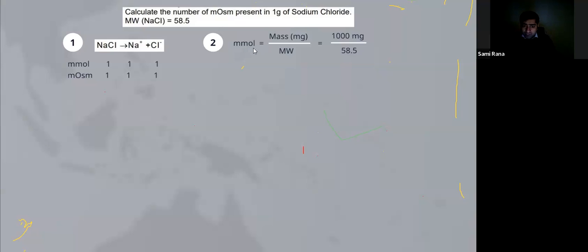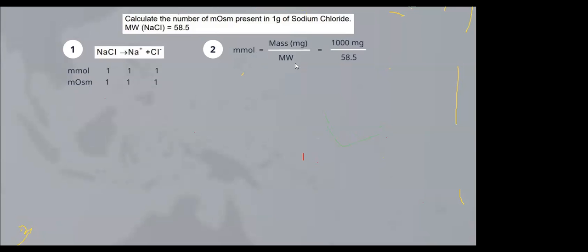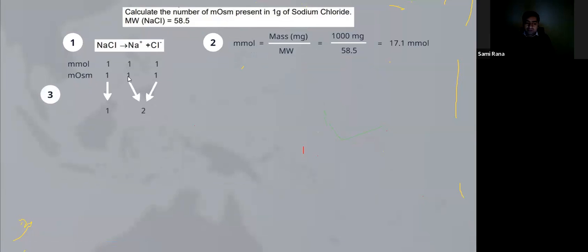So behind the questions of milliosmoles and milli equivalents, there is always the main engine of millimoles. The same formula goes here: millimole is equal to mass by molecular weight, just like the old questions. So we will solve it. Now we need to do the third thing, the cross multiplication. In osmolarity-related questions, we are concerned about all of the ingredients. If there is some solvent like water, we just neglect that.